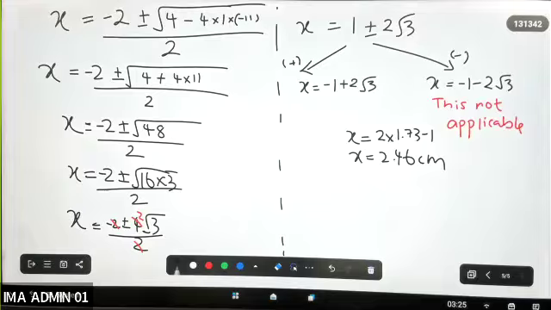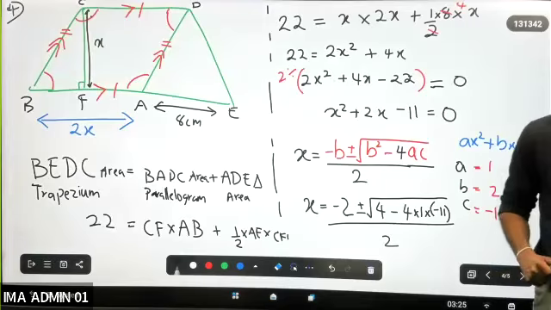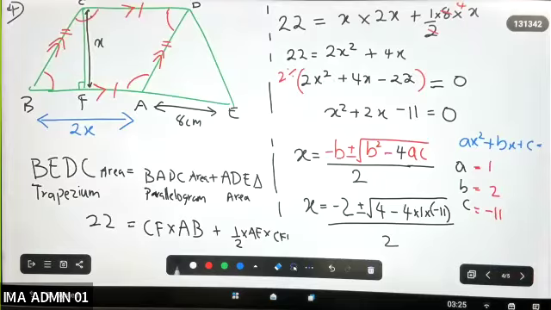Right? So the formula method and the spares method, now both are covered with these two questions. Okay? So they are asking to find the parallelogram ABCD is equal to the area of ADF.